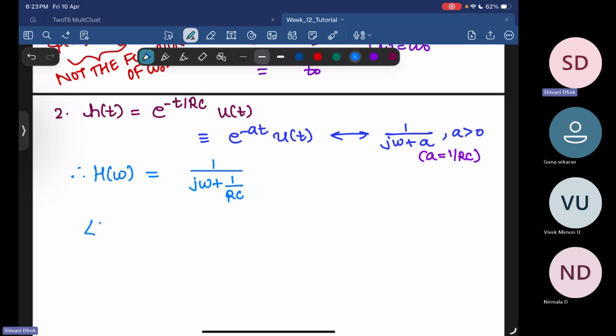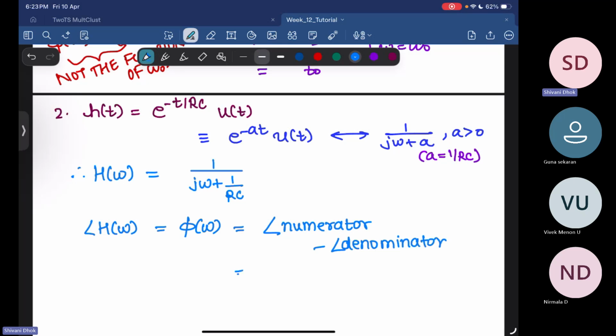So now what is the angle of H of omega? The angle of H of omega, which is your phi of omega, is basically the angle of the numerator minus the angle of the denominator. The numerator is 1, so the angle of 1 is 0, minus tan inverse of the imaginary part divided by the real part, which is nothing but minus tan inverse of omega RC.